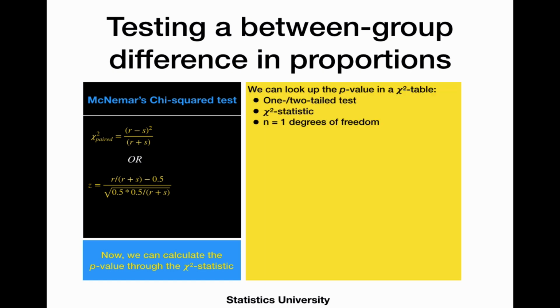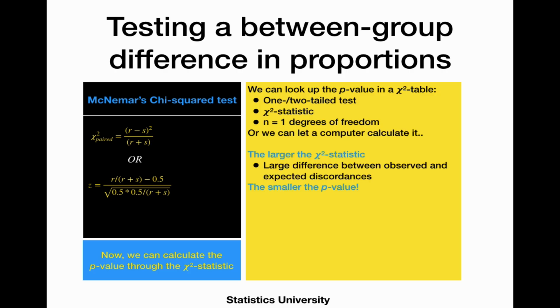And with these formulas, we can again look up the p-value in a chi-squared table or let the computer do the hard work for us. And just remember that we need to fulfill the test assumption here that the number of discordant pairs in R plus S should exceed 10.